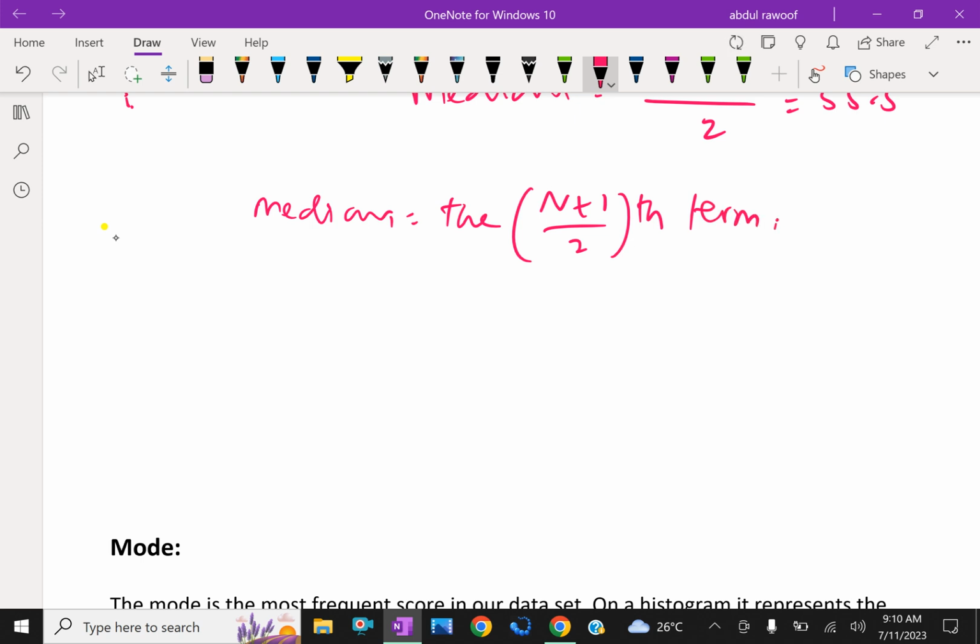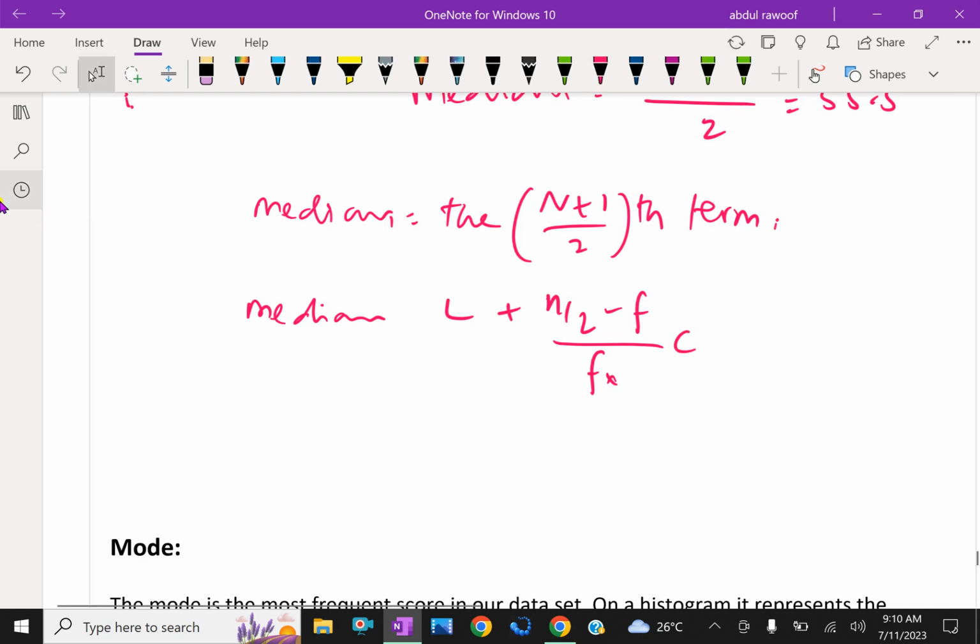How to calculate this? Here, the median formula is L plus (n by 2 minus f) by fx into c, where L is the lower limit.